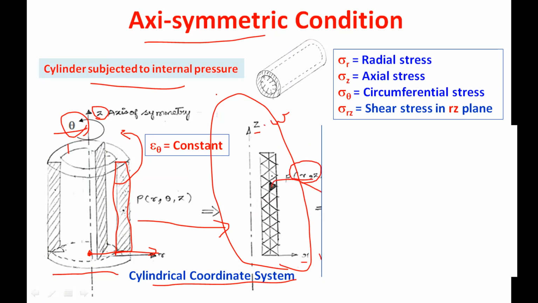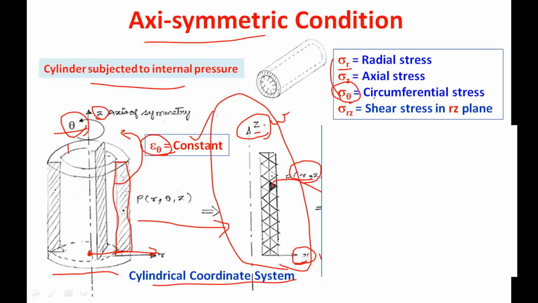For this axisymmetric condition, we are going to have three normal stresses. Radial stress, sigma R, is the stress along the R direction. Then sigma Z is the stress along the axial direction, and sigma theta. Here sigma theta is not equal to 0, and the strain along the theta direction is constant.